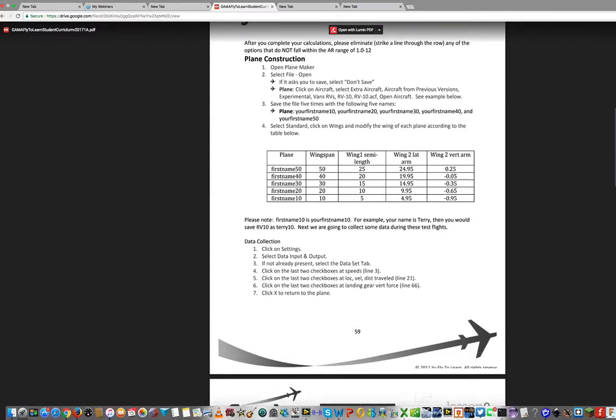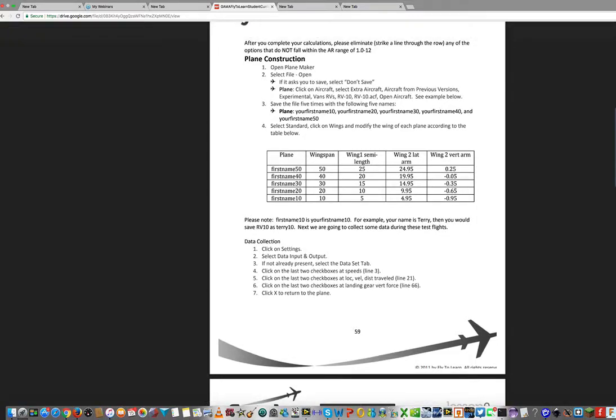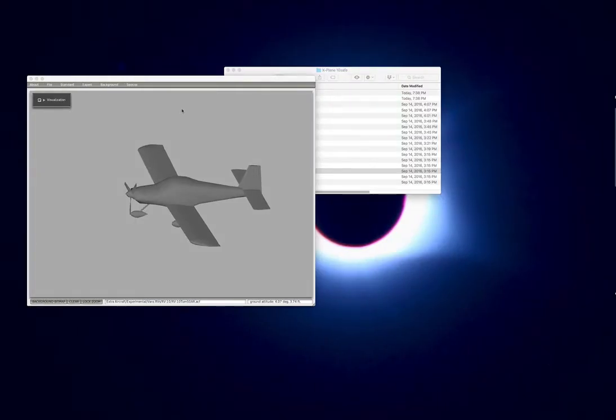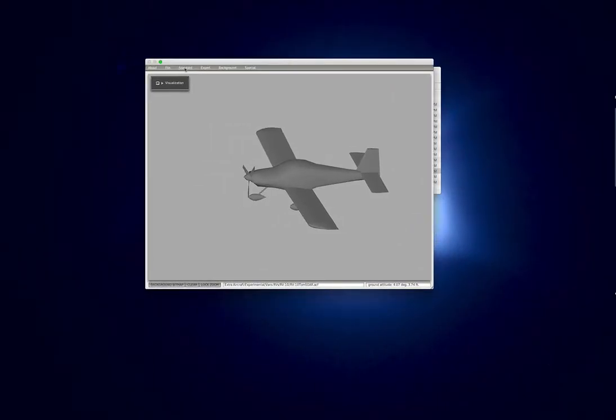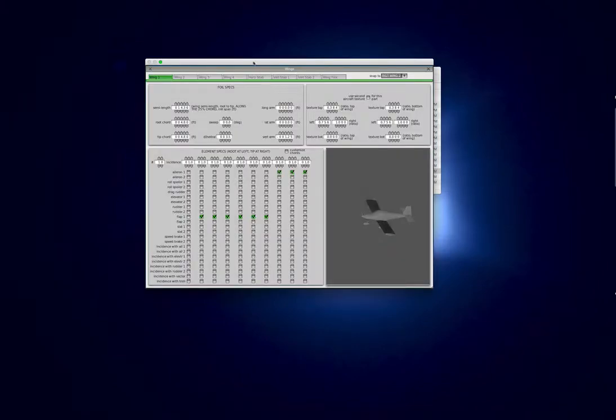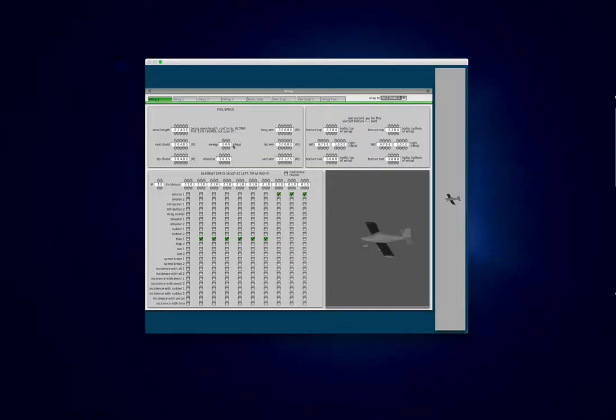Let's go down to the Plane Maker. Let me show you what we're doing. So if I go into here, I'm going to Standard. Wait a minute. Standard, I'm going to go to Wings. All right. Then with Wings, Wing 1, we're going to make semi-length 25 feet. Watch my plane down here.